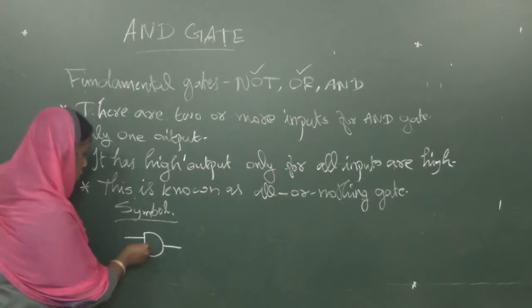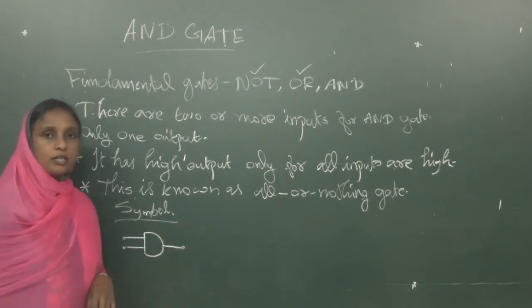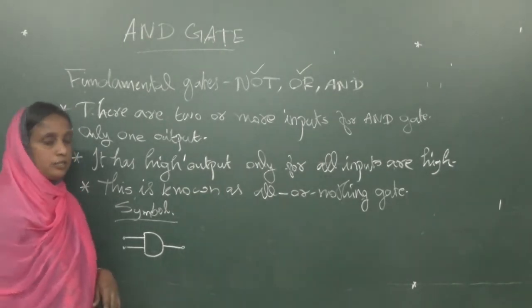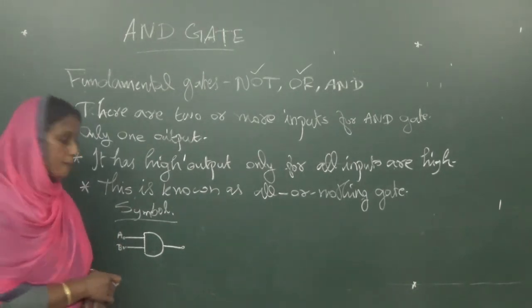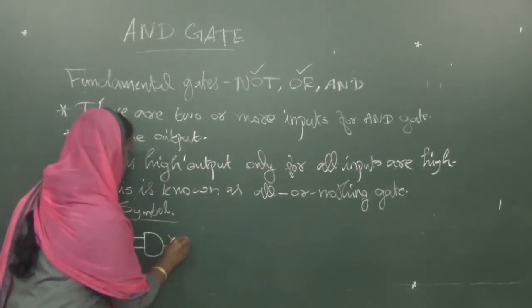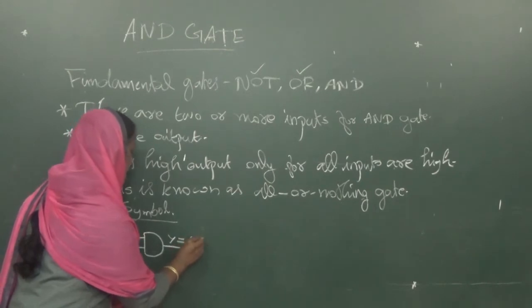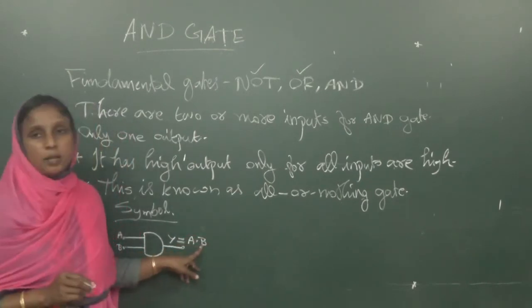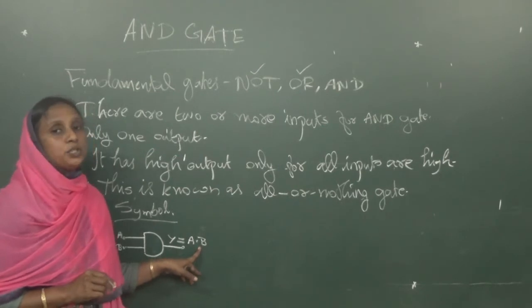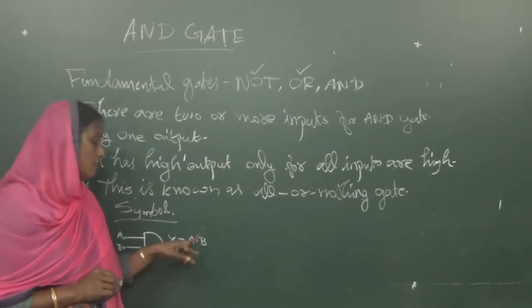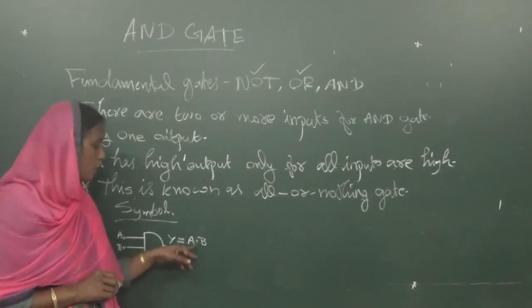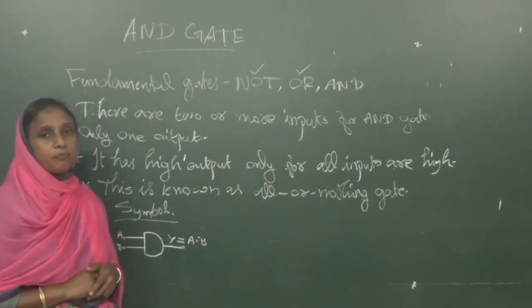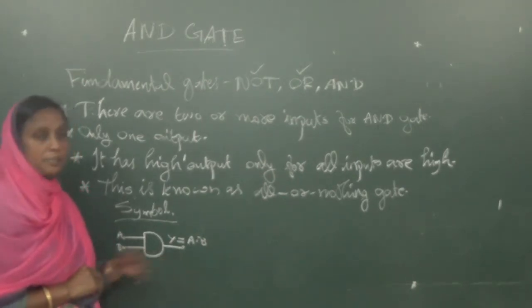If it has only two inputs, this is the input part. These pins are the two inputs, A and B. Y equals A and B. This dot represents logical AND operation, not multiplication.